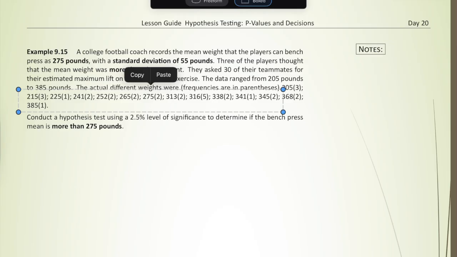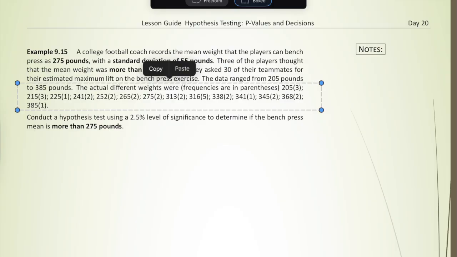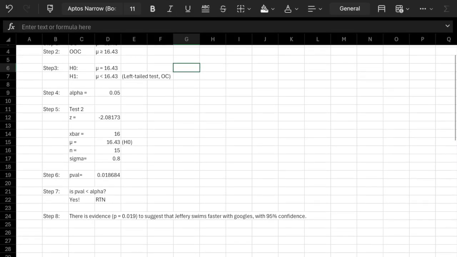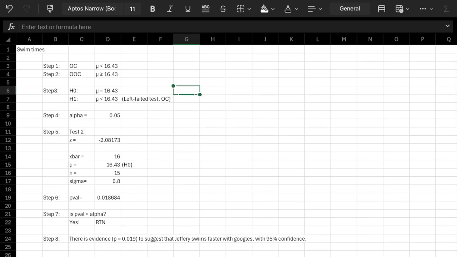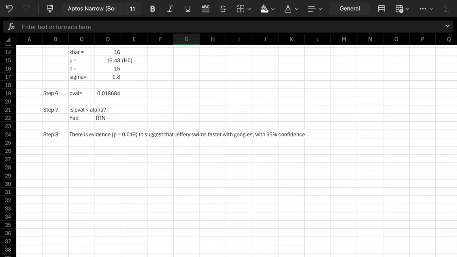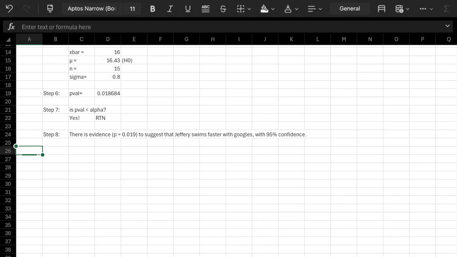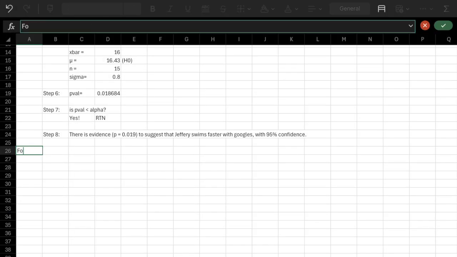I want to get all of it. There we go. Copy. Go to Excel. Do I want a new sheet? I'll just go down a ways. Okay, so what do we have right here? What was the context again? College football bench press. I'm just going to call this one football.